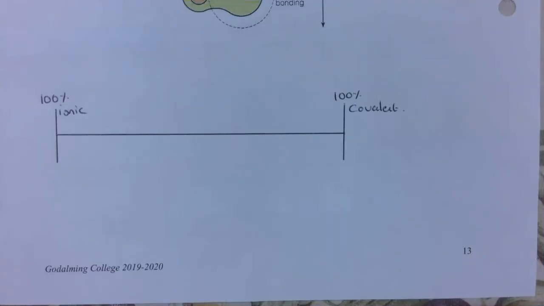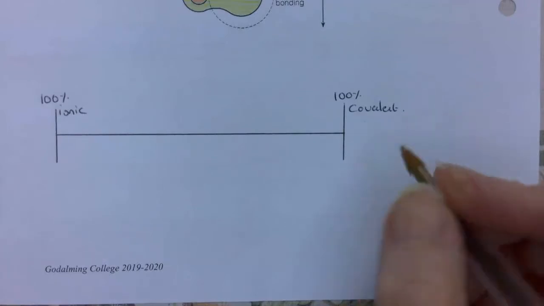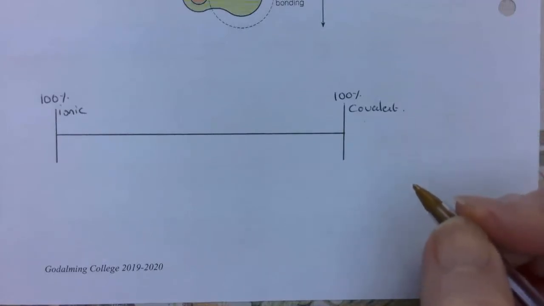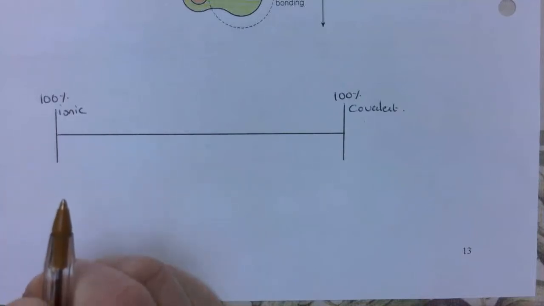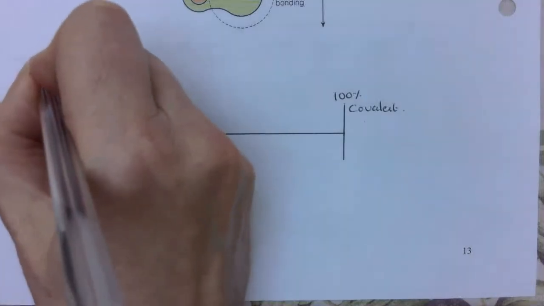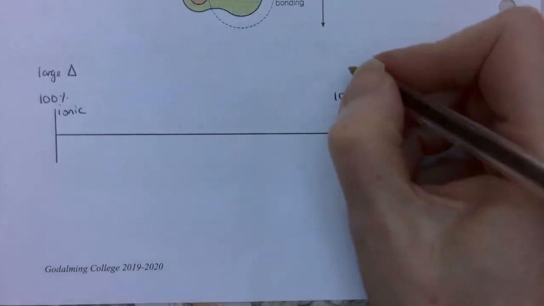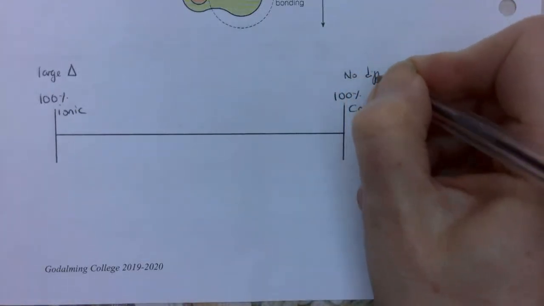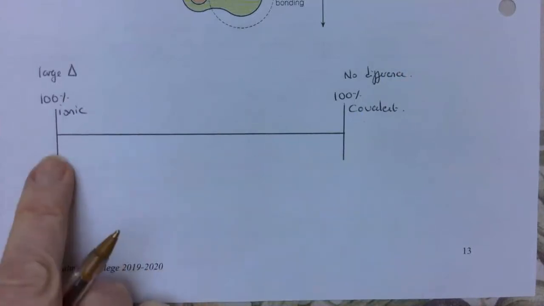If you remember back to our bonding notes, you can have 100% covalent substances. For example, fluorine and oxygen are examples of 100% covalent, but you can't have something which is 100% ionic. You can either consider bonding in terms of the difference in the electronegativities, so you have a large difference between ionically bonded, and there's no difference between covalently bonded substances, but most things lie on some sort of continuum between the two.